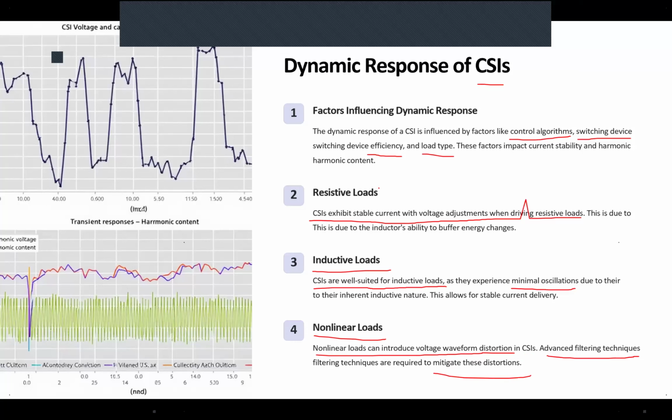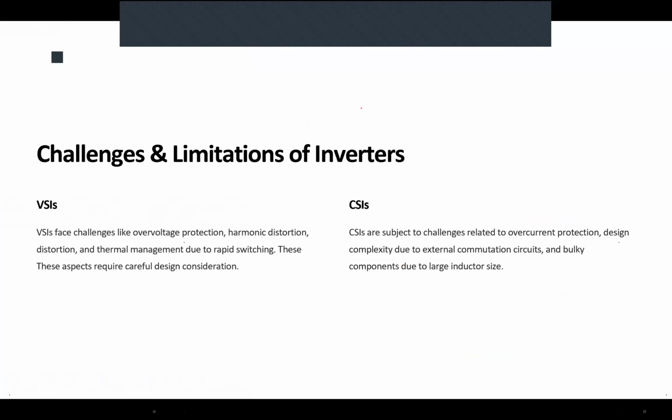Is there any question about the dynamic response so far? Do you have any question about that discussion or any point you want more clarification? No? Okay. So let's move on.